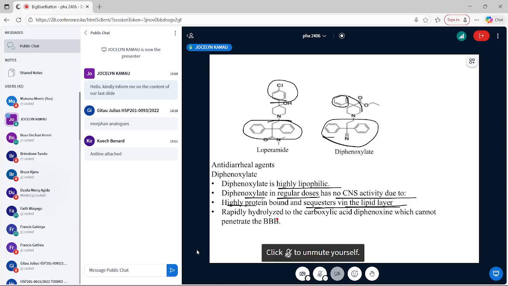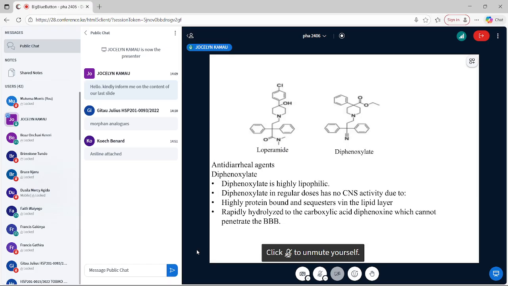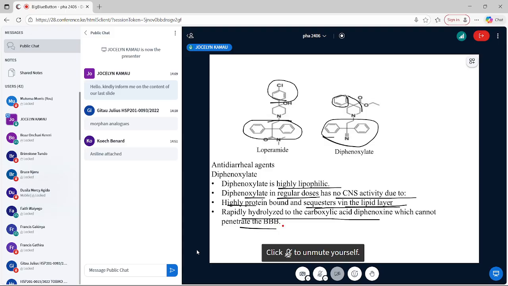Also, it is rapidly hydrolyzed to the carboxylic acid diphenoxin, which cannot penetrate the BBB. Once it is hydrolyzed, the diphenoxin, which is a carboxylic derivative, does not penetrate the BBB. Even if it is absorbed into the periphery, because of the carboxylic group it will not penetrate into the brain.